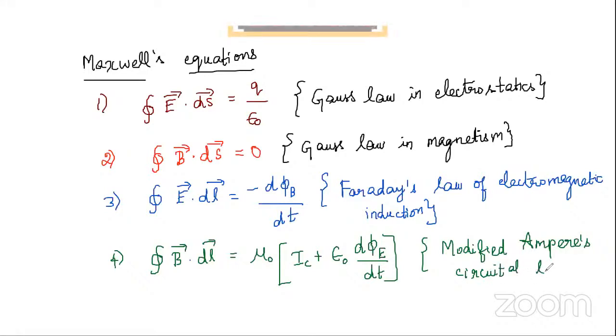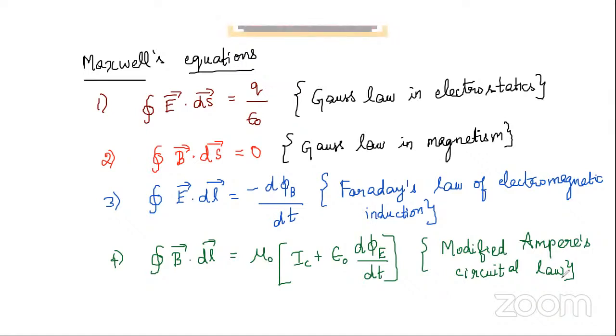So these are the 4 equations given by Maxwell, and when you know all these equations, you will be able to solve numerical problems. Now we shall move on to the next concept.